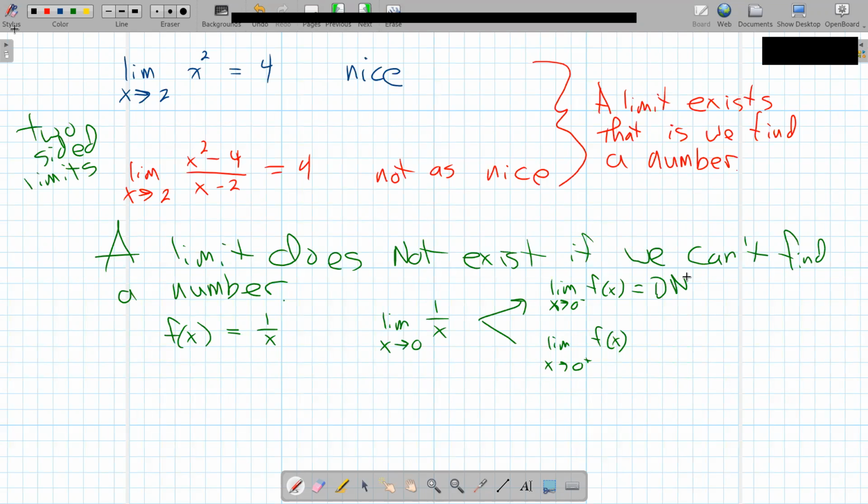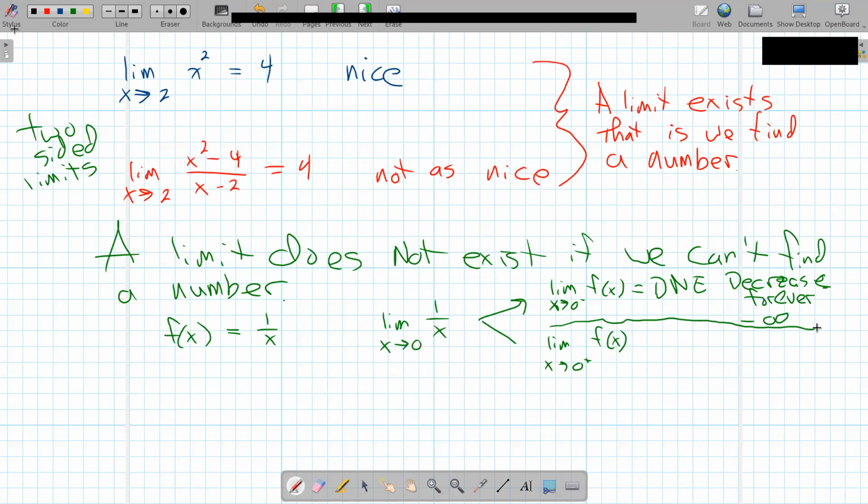It is not a number. But often we're going to be more specific than that because the limit doesn't exist in a special way. On the left side here, these values decrease forever.